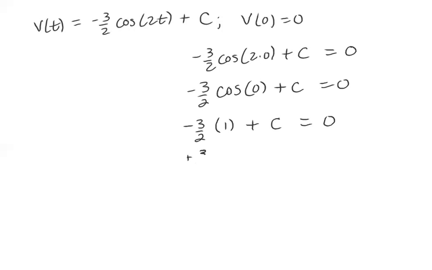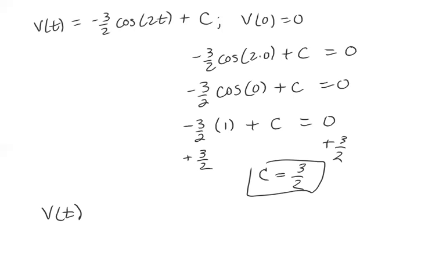I can add 3/2 to both sides of the equation, and I get that c is equal to 3/2. So now I have an expression for the velocity function. I can write it exactly, not with that arbitrary constant. V of t is equal to negative 3/2 times the cosine of 2t plus 3/2.